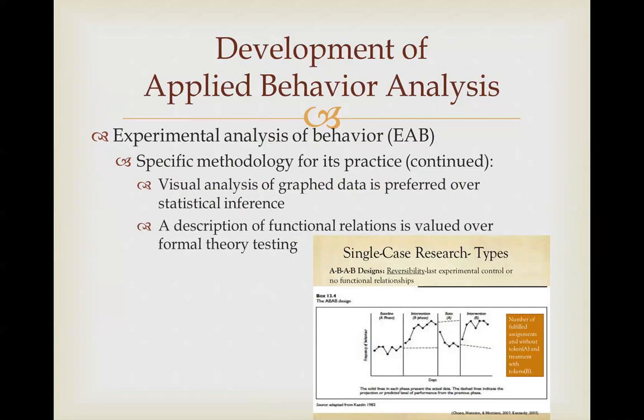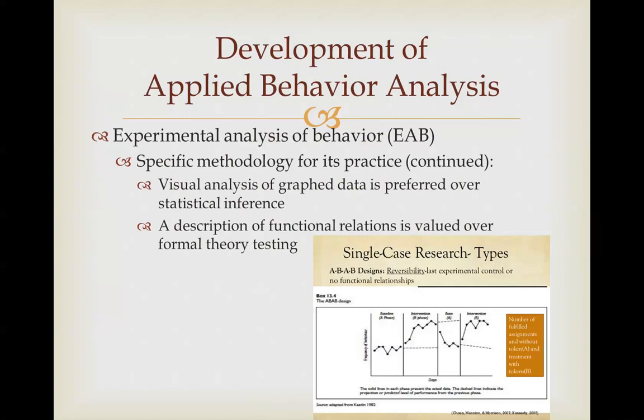This is perhaps the simplest of the single case designs, but it does some interesting things, right? It provides a visual analysis of graph data, and it shows experimental control because the baseline data are relatively steady, and then we see an intervention effect when the intervention is in place.